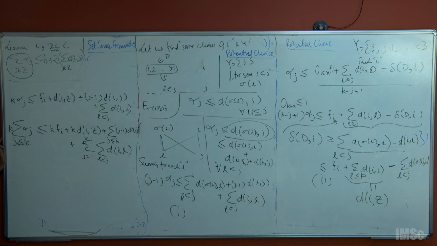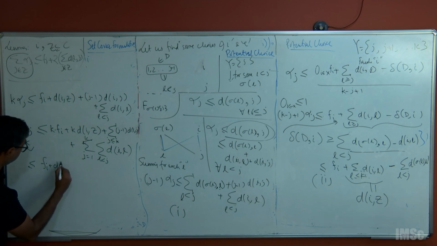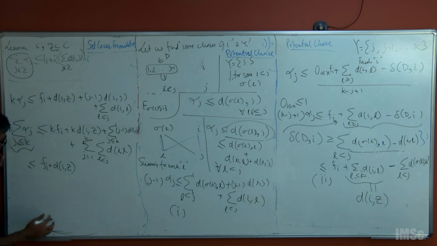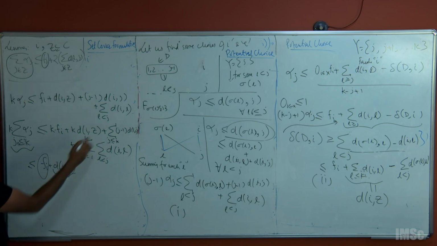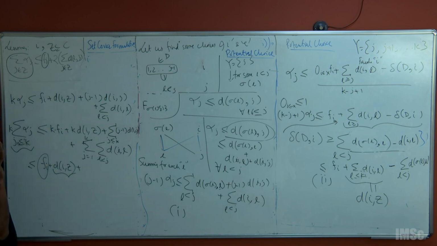If I divide by k everywhere, which I need to do, then I will get this is less than or equal to Fi plus Diz. Are we starting to get something interesting now? We got Fi. Now what was that? This is Diz, which is basically this one, and the rest is the rest. So I should be able to bound this by another thing.